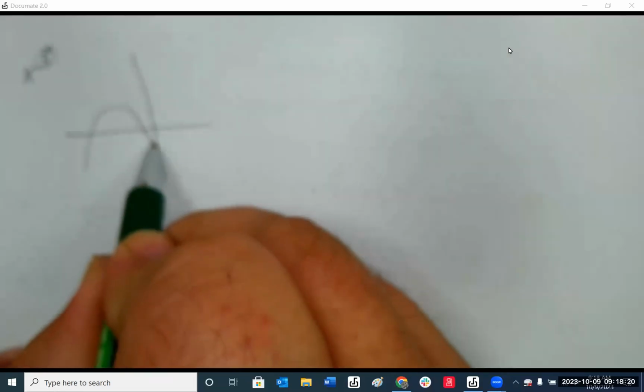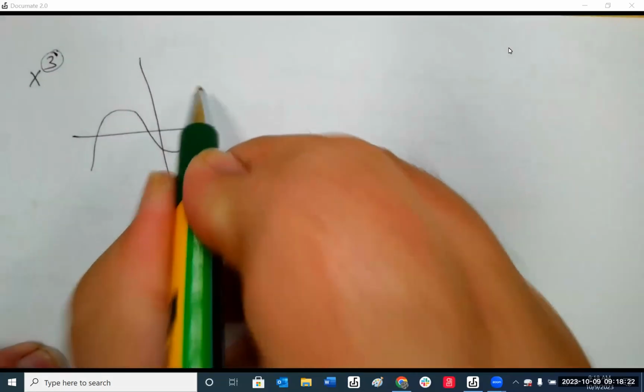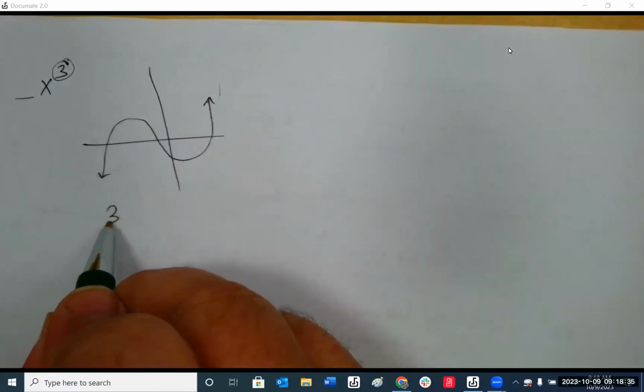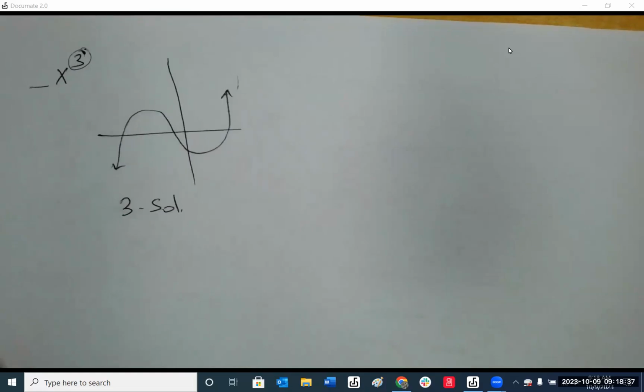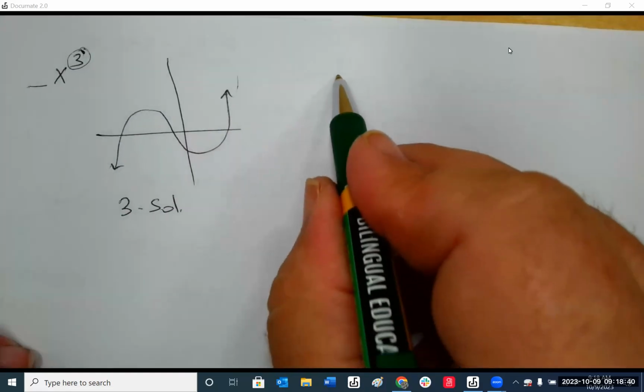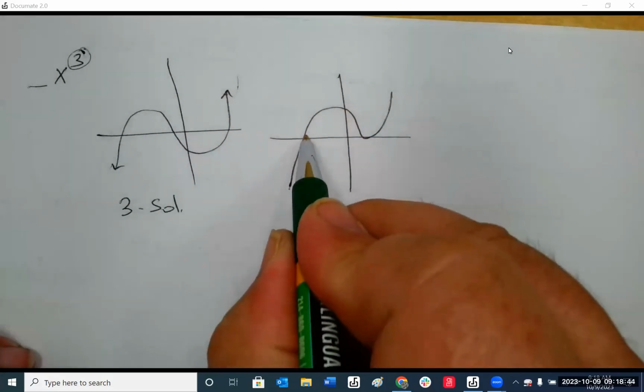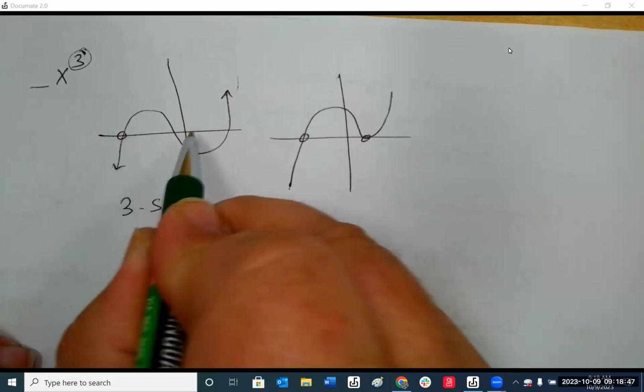So if we had x cubed, I'm going to exaggerate this graph. This thing tells us we can have 3 solutions. And it's odd, so it points different directions. Since it's positive in front, it points up to the right. So we can have 3 solutions, or we can have 2 solutions.